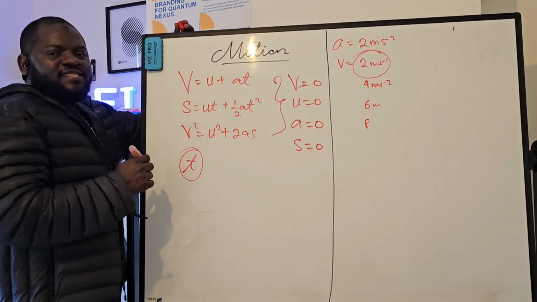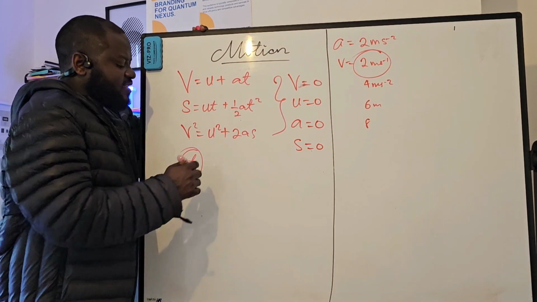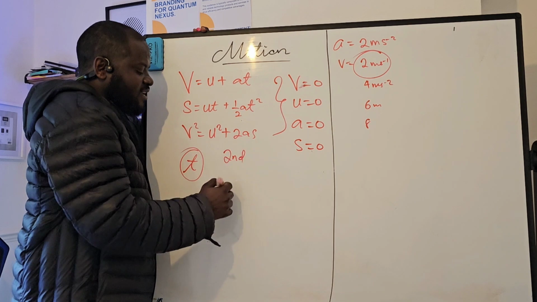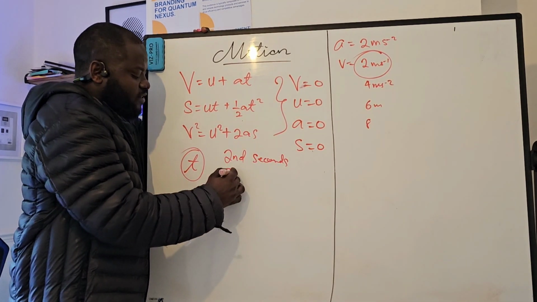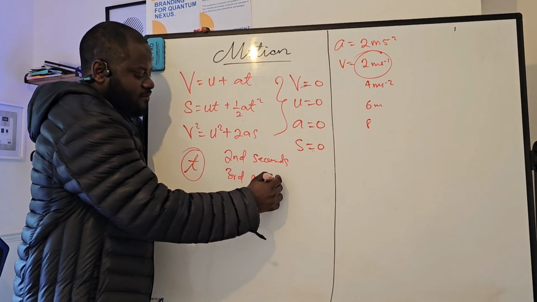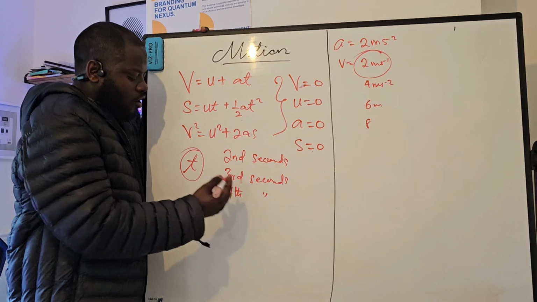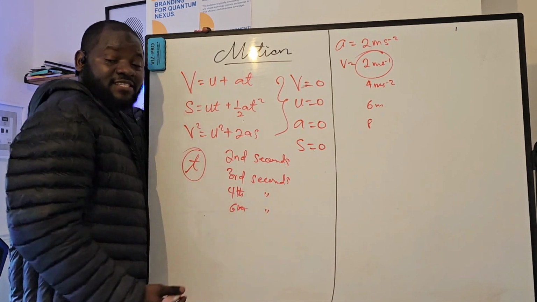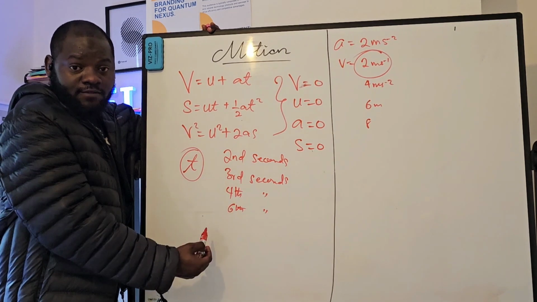Whenever you are given a time in form of position, maybe the question says in the second seconds, or they said in the third second, or in the fourth second, or sixth seconds, as the case may be. If you look at all these statements, they are like positions.